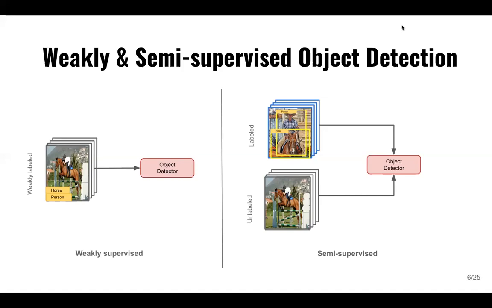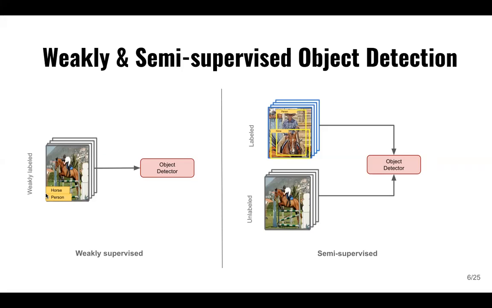So when it comes to weakly supervised settings, we have images with image level labels, and we try to learn an object detector from this. Essentially what we have is data sufficient for doing classification. That is why it's weak supervision, because for detectors we need the bounding box level information, and we try to learn an object detector with this classification level information.